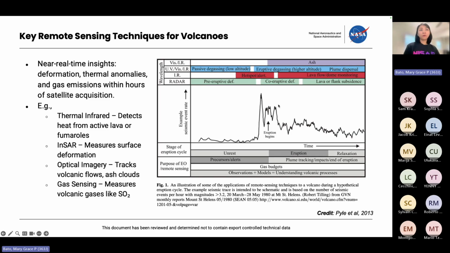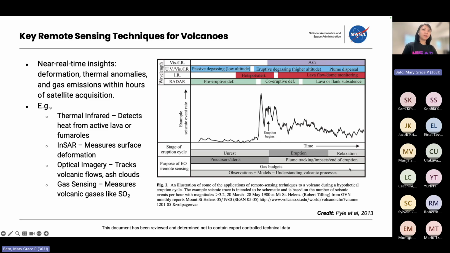Then as you go along the cycle of the eruption period, you can have information from other wavelengths of the electromagnetic spectrum. You can see ash from the visible range, IR, and you can see much more degassing at higher altitude, plume dispersal, and so on.